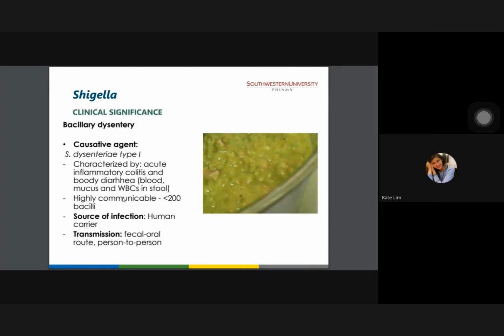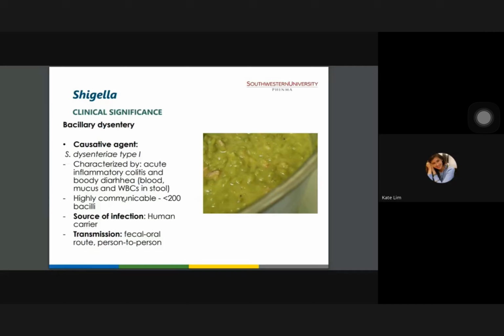So what we have here is bacillary dysentery in your picture, which would give you an example of green pea soup. That is not the real stool for patients suffering from bacillary dysentery. That is a real green pea soup that you eat.